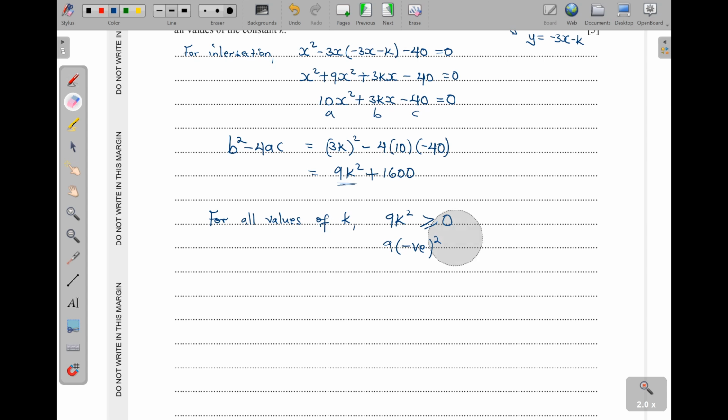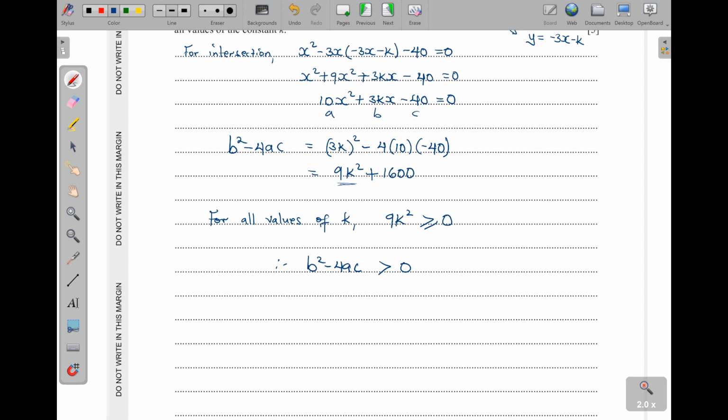So since this one is always positive, greater or equal to 0, that means our whole thing, the b squared minus 4ac, therefore b squared minus 4ac is greater than 0, because if this one is 0, there is the 1600, so it is always positive.